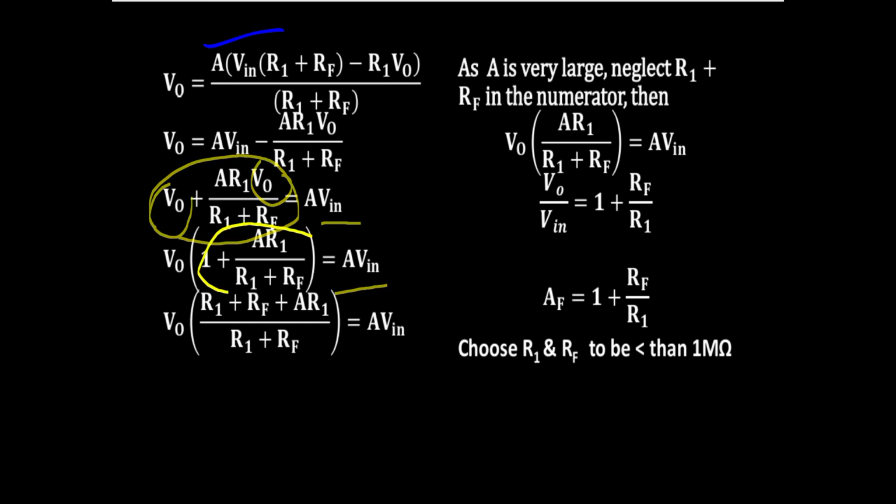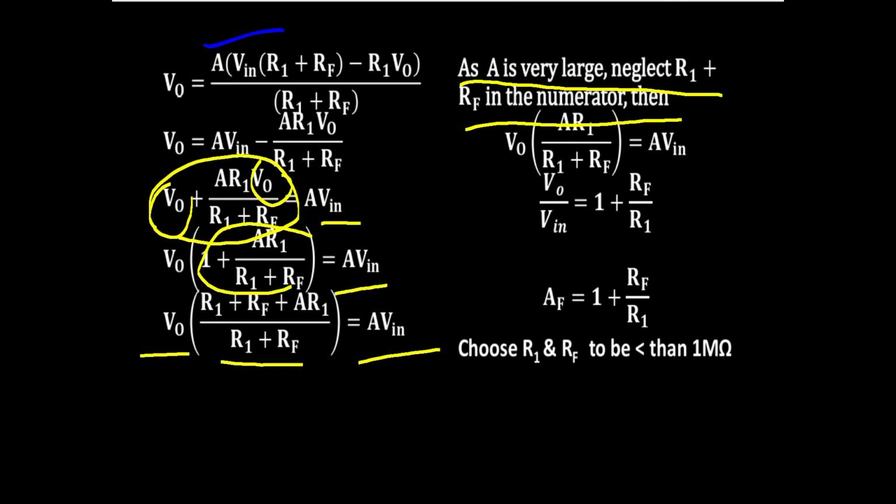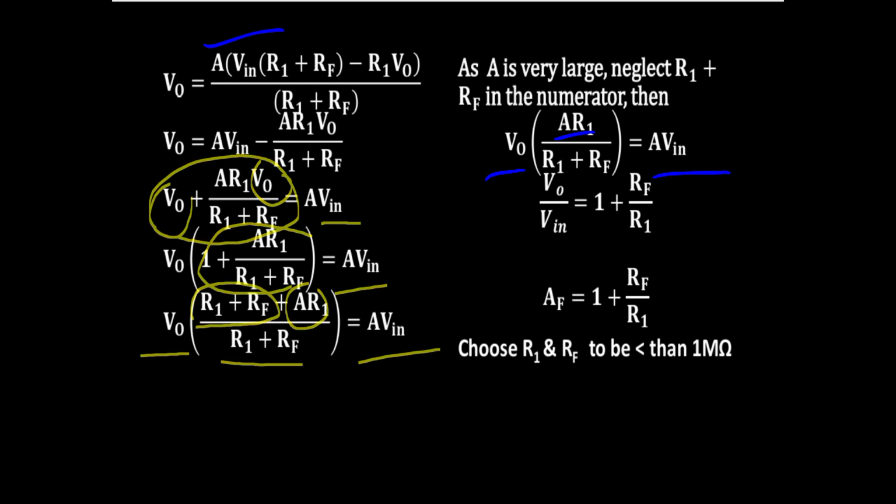Now take the LCM here: V0 of R1 plus RF plus AR1 by R1 plus RF equals AVIN. Now consider A is very large, so R1 plus RF is very small compared to this gain, and we neglect those two terms in the numerator. Then V0 of AR1 by R1 plus RF equals AVIN.